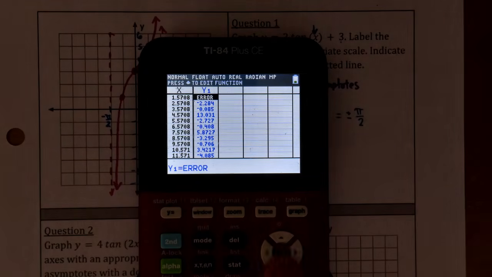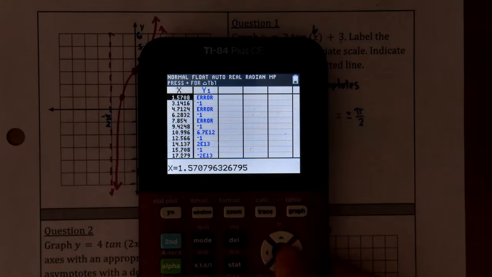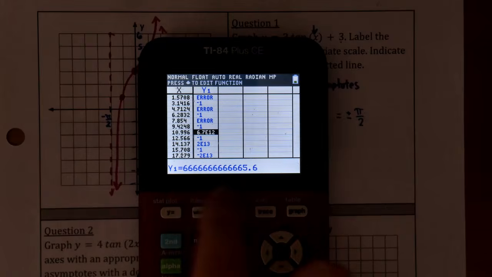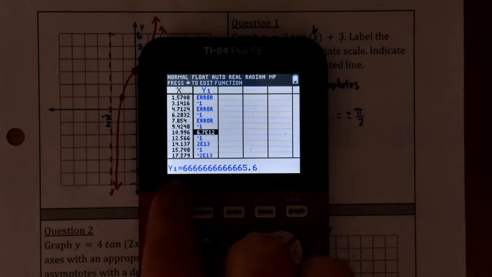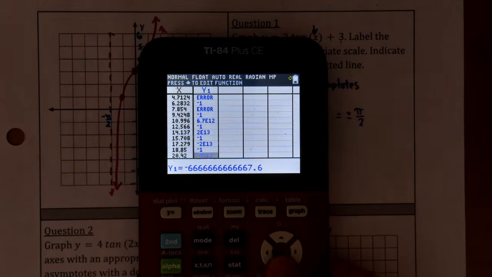So every pi over 2 on your table is going to be an error. If I keep scrolling, look at error. This one doesn't say error, but this number's like basically a million. It's basically infinity, right? That's what these errors mean. Same with this one. It's basically a million.